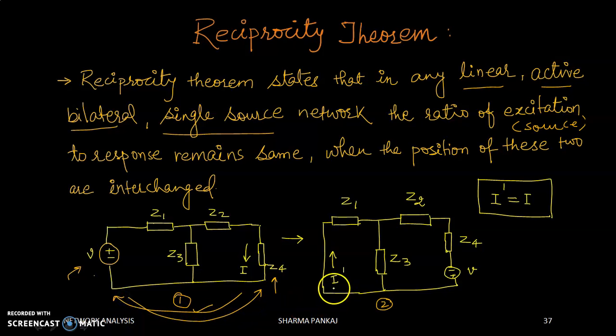Call it I dash and call it V. Now according to the reciprocity theorem, I dash will be equal to I. It means the ratio of excitation to response remains the same.